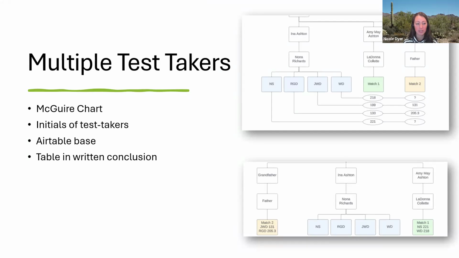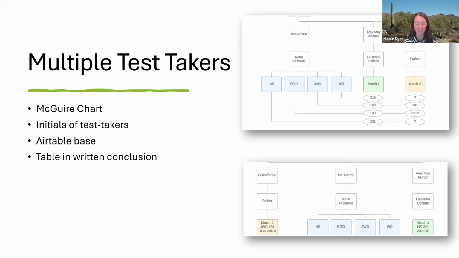If you have multiple test takers, one of the first options that comes to mind is the McGuire chart. Before I dive into what the McGuire chart is, let me just define test takers. When I use the phrase test taker, I'm referring to the fact that you have access to view a DNA test taker's results. For me, I never use my own personal results.